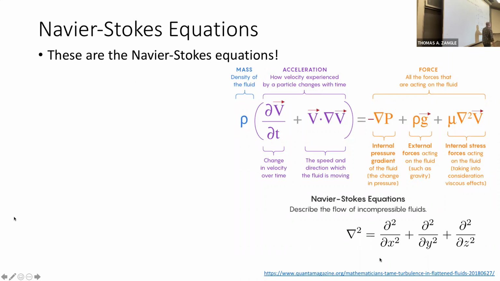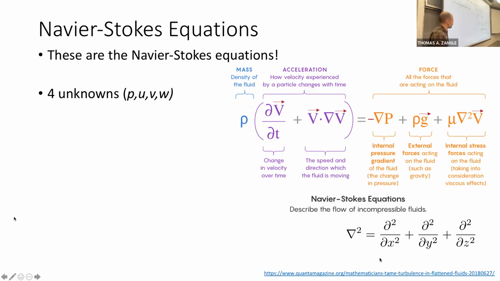So if we're considering the momentum balance in the x direction, we end up with d squared u dx squared plus d squared u dy squared plus d squared u dz squared. These are the momentum equation parts of the Navier-Stokes equations.